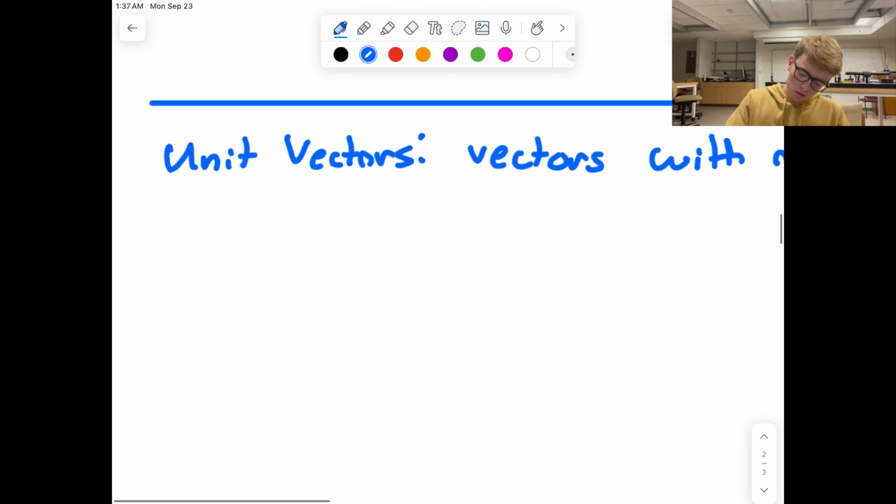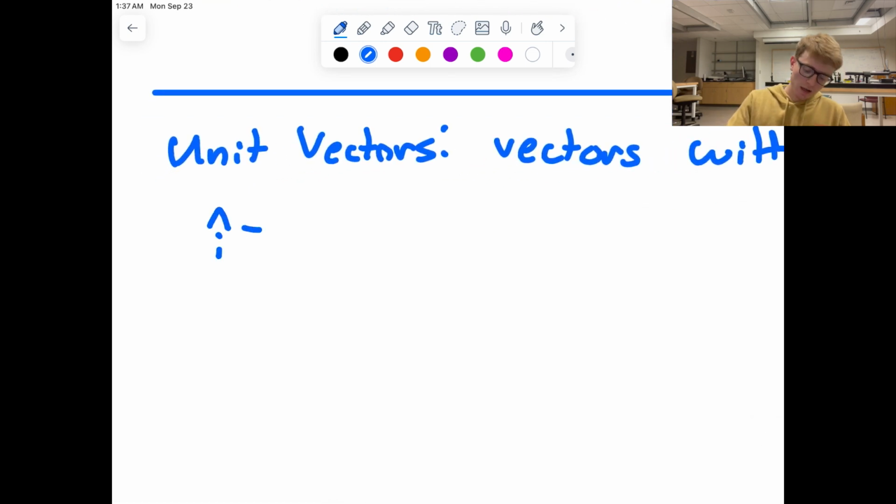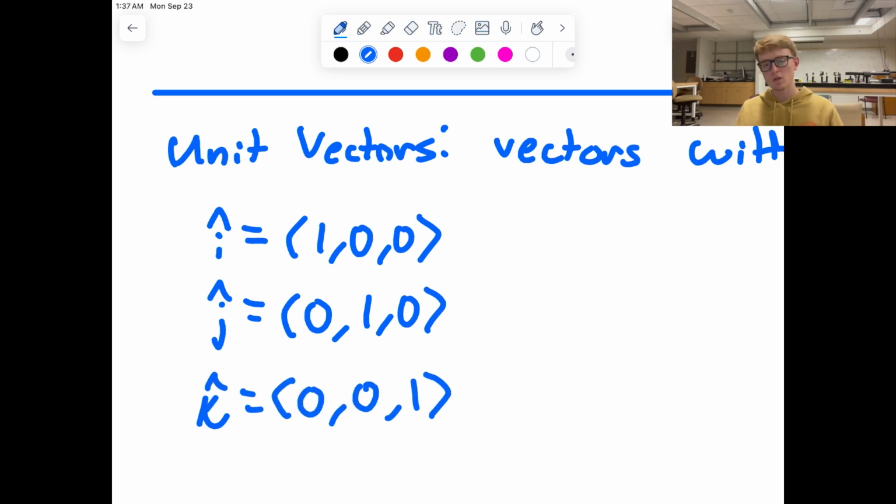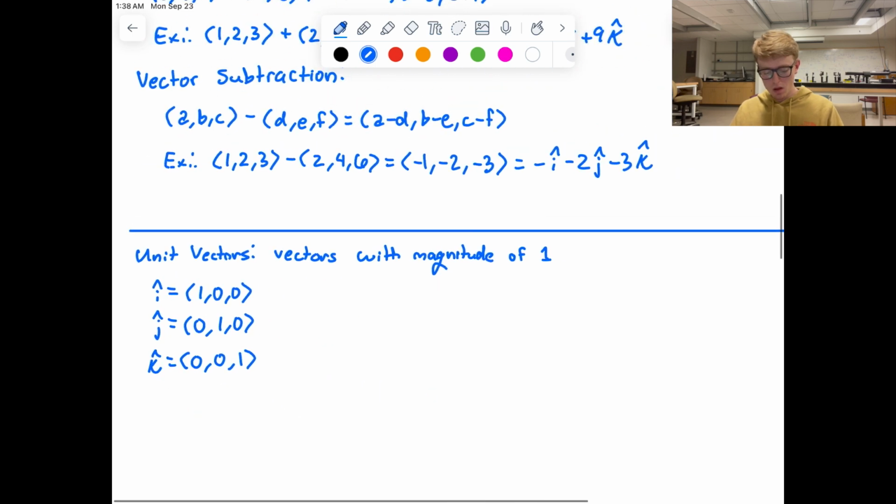And so let's look at I hat, J hat, and K hat now. So I hat is actually, if we use the bracket notation, 1, 0, 0. J hat, turns out, is 0, 1, 0. And K hat is 0, 0, 1. So that's what they actually are.